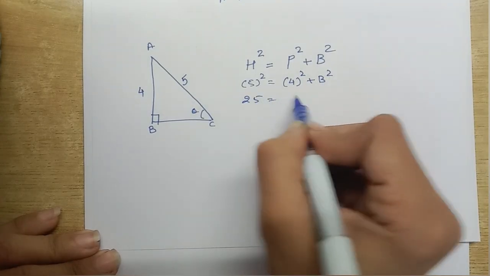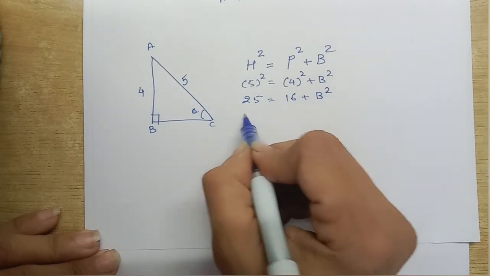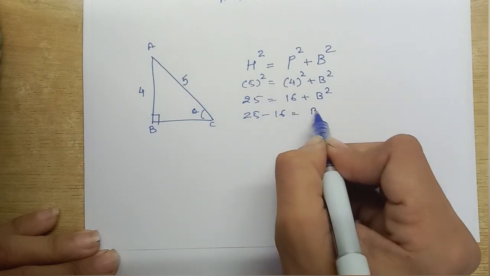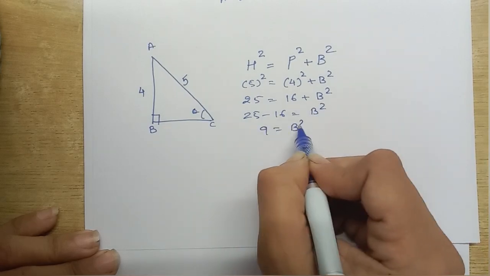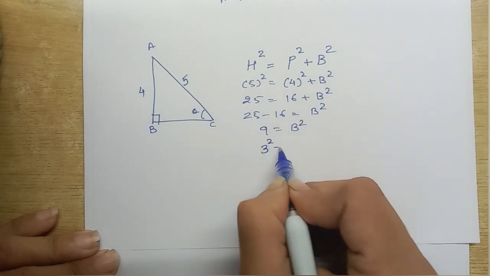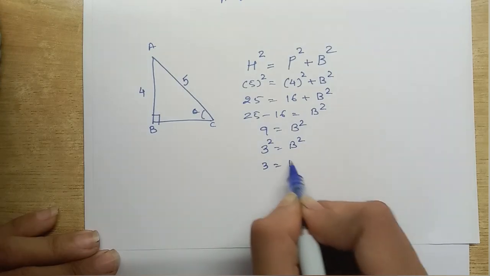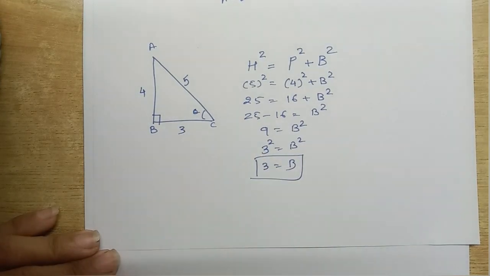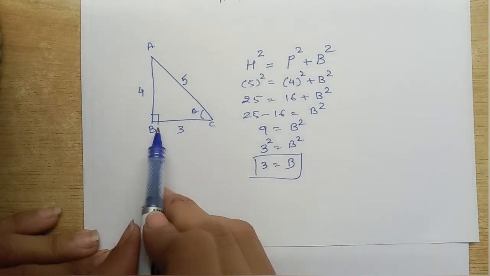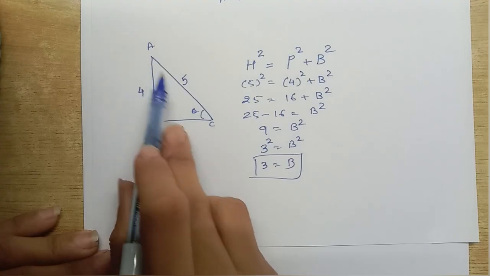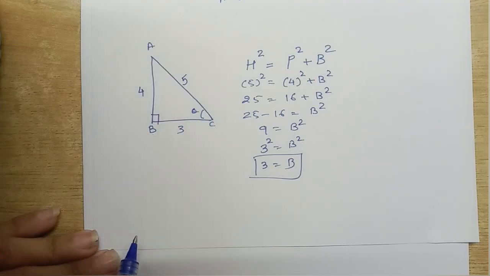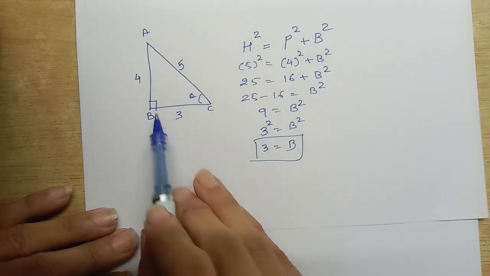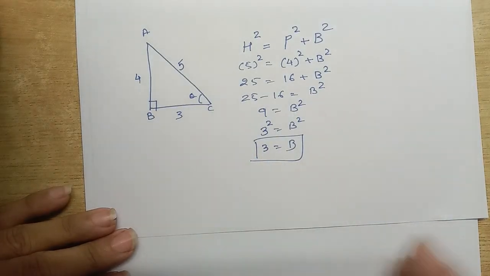So 25 is equal to 16 plus b square. 25 minus 16 is equal to b square. 9 is equal to b square. 3 square is equal to b square and 3 is equal to b. So the base is 3. Now we have the measurements of the hypotenuse, base and height. Using these measurements, we will find the 6 ratios.